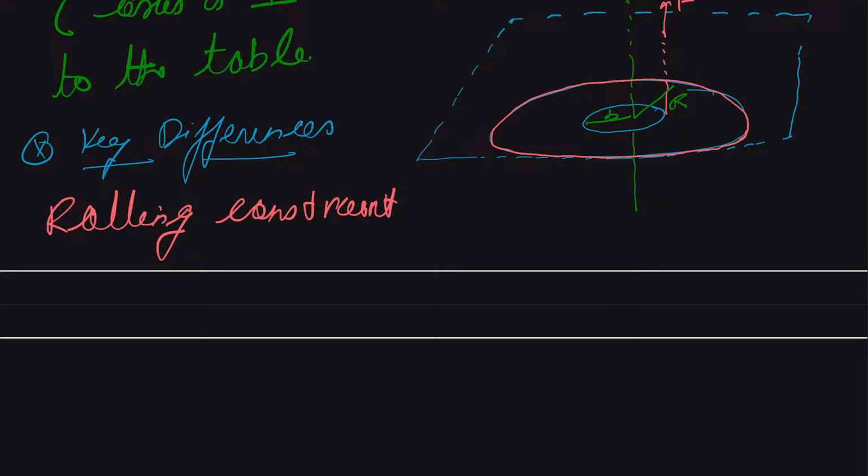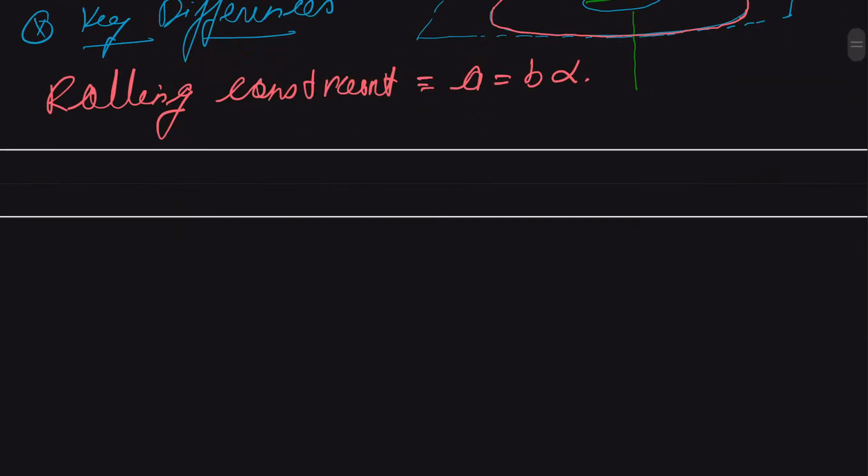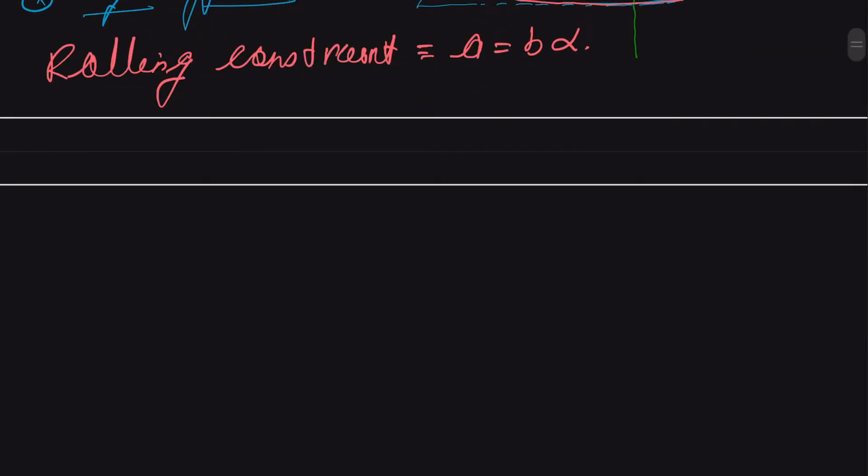Rolling constraint means that our acceleration a will be equal to B multiplied by alpha, okay, not R. So this is the first key difference. And the second difference will be that the friction acts at R from the axis.